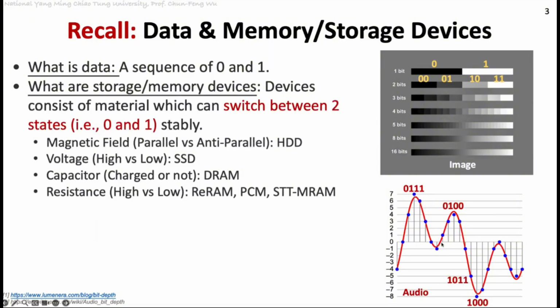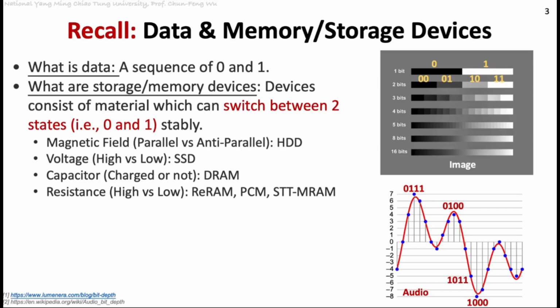To store those data, the key concept behind storage devices and memory devices is that the device consists of material which can switch between 2 states stably. When you are using a hard disk drive, it operates on magnetic fields, for example, parallel or anti-parallel. If you're using a solid state drive, the SSD, then it is about the voltage stored in the SSD cell.